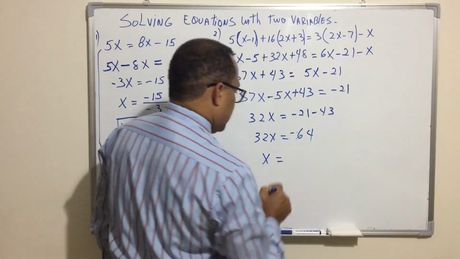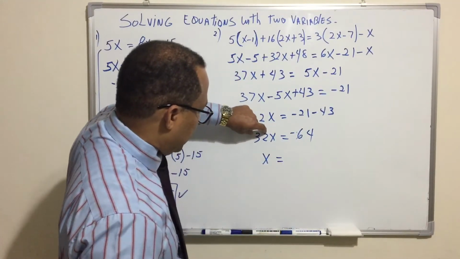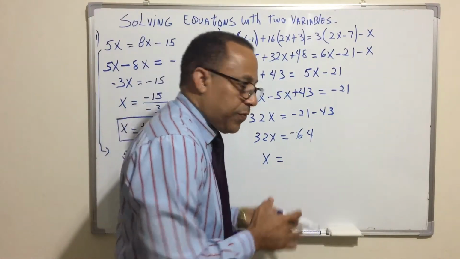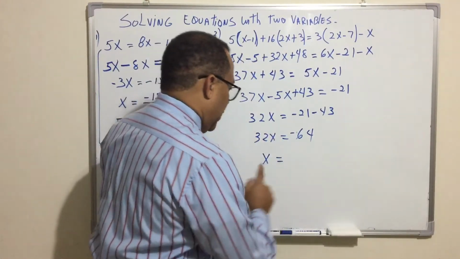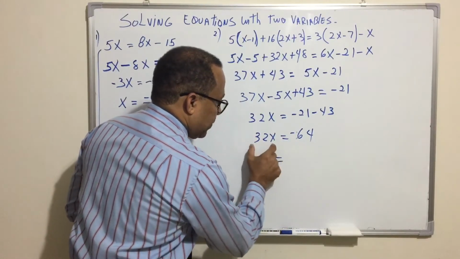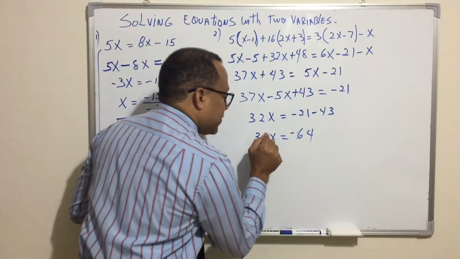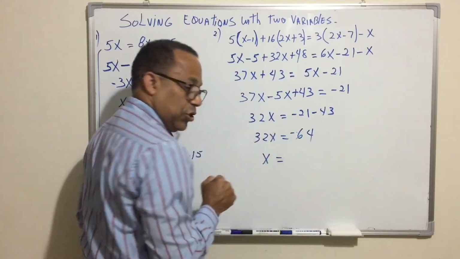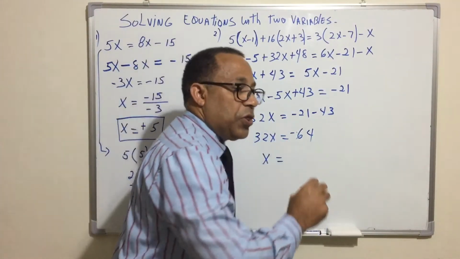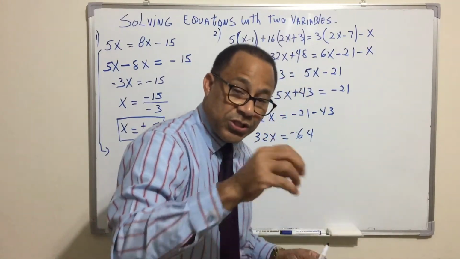x equals, because I'm going to move the 32 to the right side. How do I move the 32 from the left to the right? What's the operation involved here? 32x means 32 times x. The operation is a multiplication. So I'm taking the 32, which is multiplying. It goes with the opposite of the multiplication, which is division.